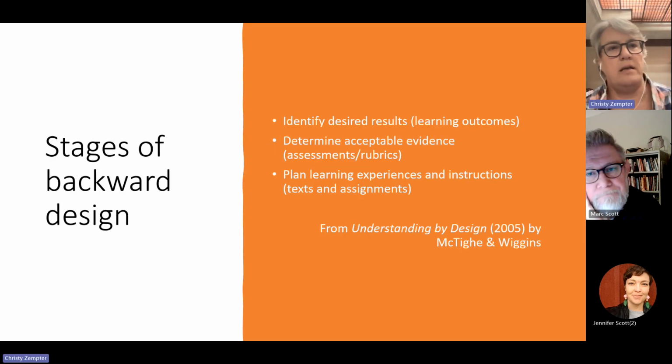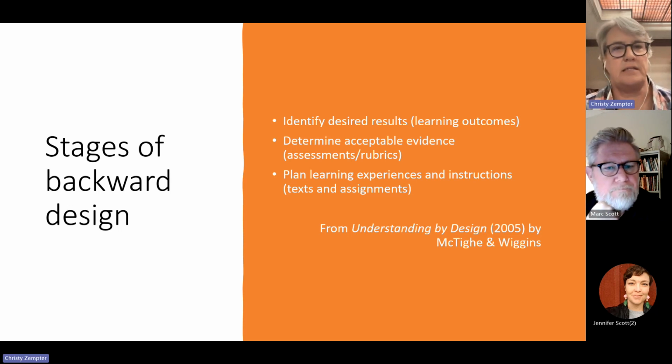To get started, I want to talk about backward design, specifically the stages of backward design, and give you just a little bit of background in terms of where all this is coming from.